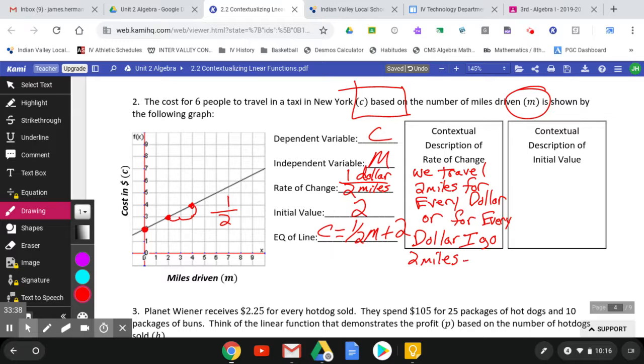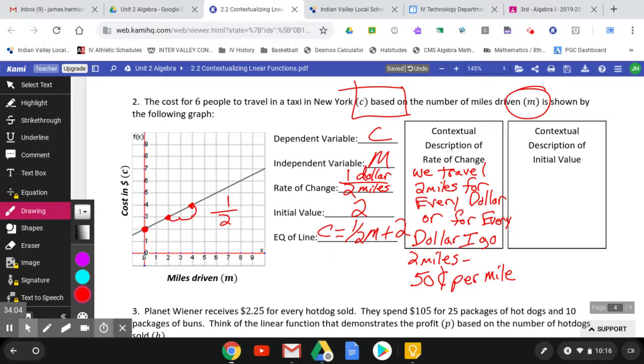Anybody else another way to say it? Yeah? Okay, I already got that one. How about this one? Good job. 50 cents per mile. How did I get 50 cents per mile? Division. Just half $1, right?